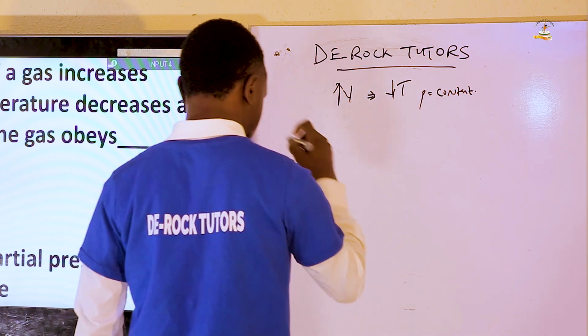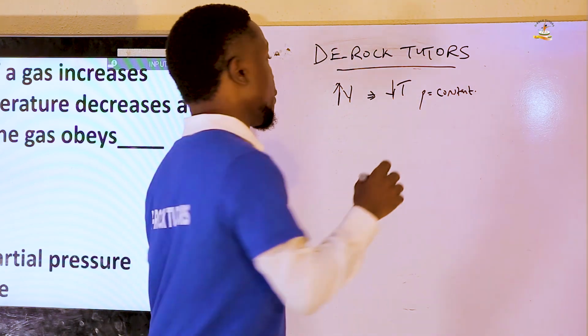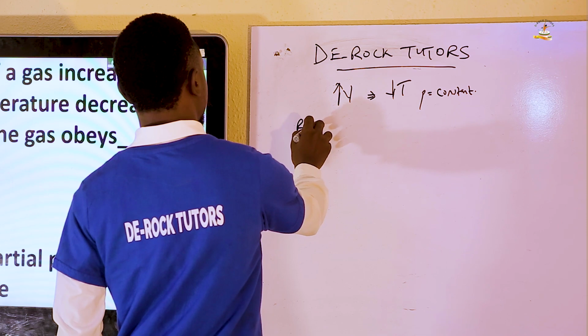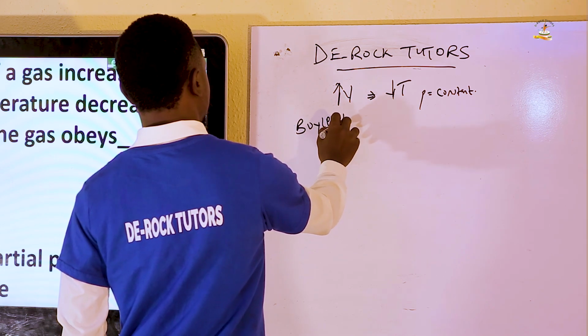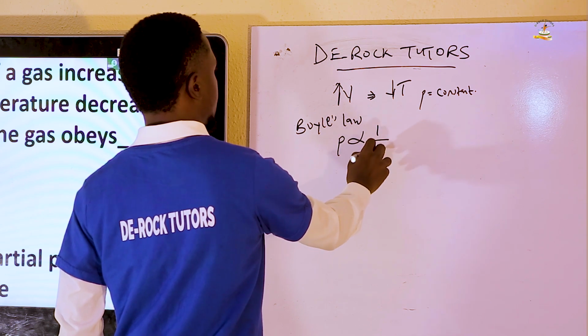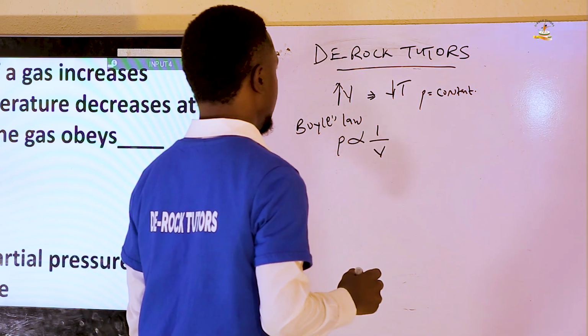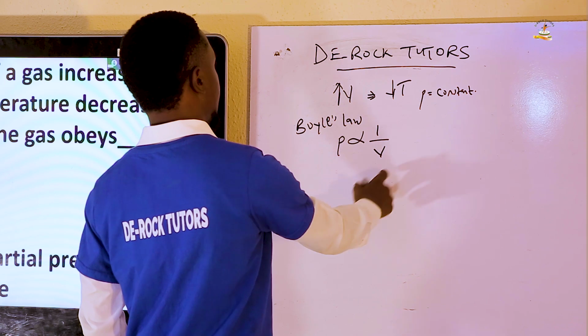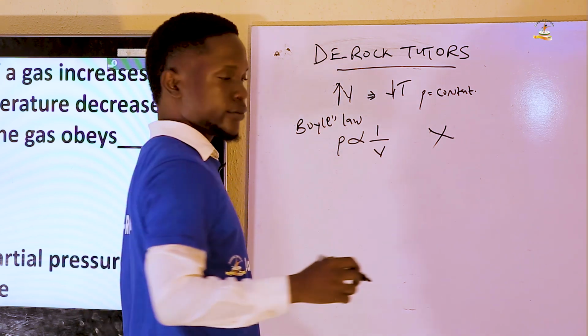Constant. Now, in Boyle's law, the pressure is inversely proportional to the volume. So since there is no temperature here, Boyle's law makes it wrong.